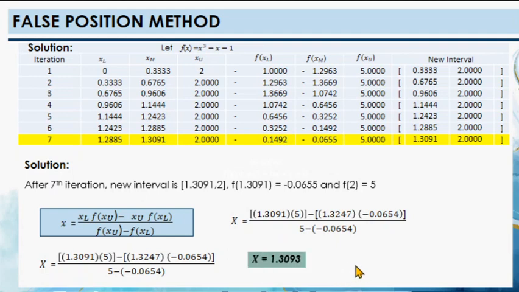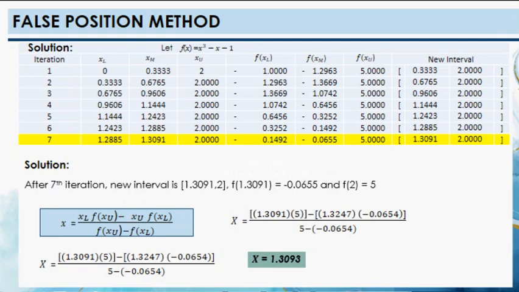We can solve that our x or yung root natin after 7th iteration is 1.3093. Medyo malayo siya dun sa nakuha nating value after 20th iteration, pero kung ang required lang sa atin dun sa problem is 7th iteration, okay lang to, yung 1.3093 na nakuha natin.